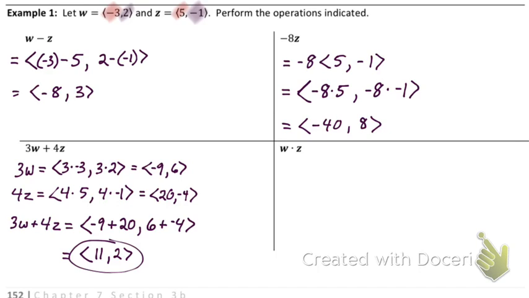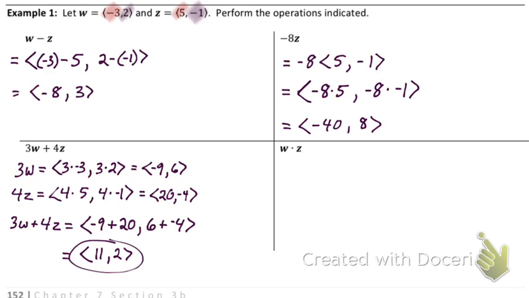Do you have any questions about any one of those steps that I did here? It's all about doing your multiplication first, and then taking your new things and then going ahead and adding them. If you forget to do that, it becomes a complicated problem where you're trying to combine things that you don't know what's going on. So that's 11, 2 is our final answer.